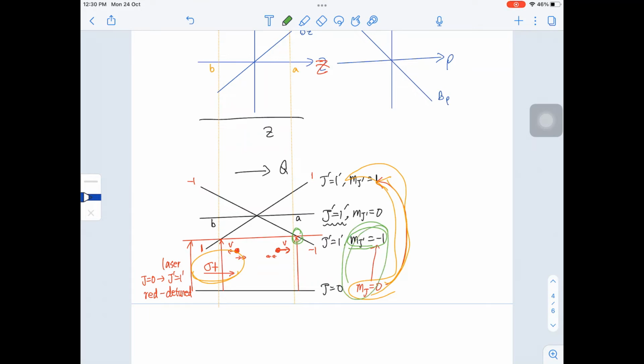So here, this is sigma minus light. Okay, good.